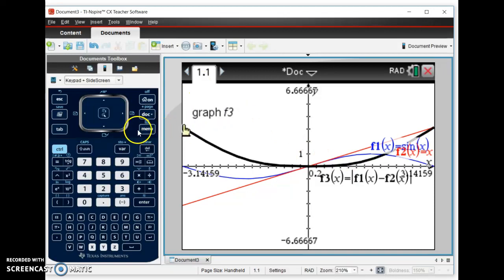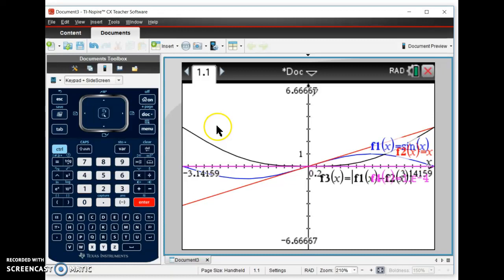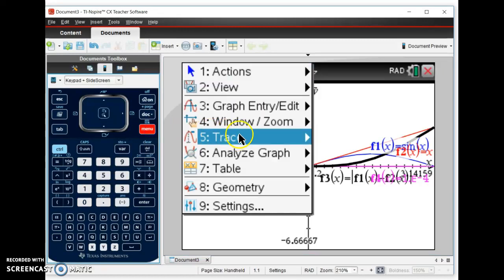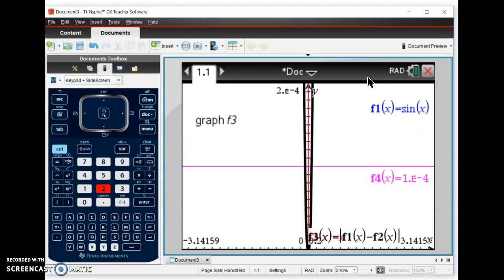I'm going to go ahead and make a graph of the size of the error. I want the error to be this big. It's hard to see that line, so I'm going to change my window again. I'm just going to change my window to be between 0 and 0.002, so I can see that line right in the middle.